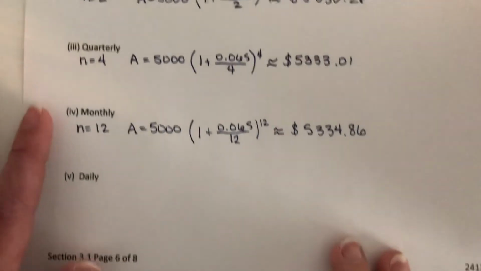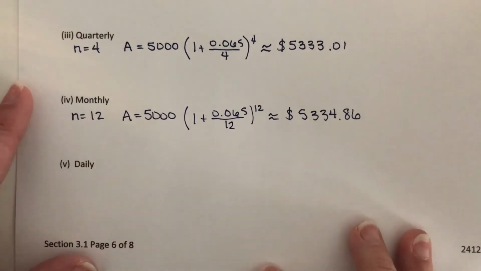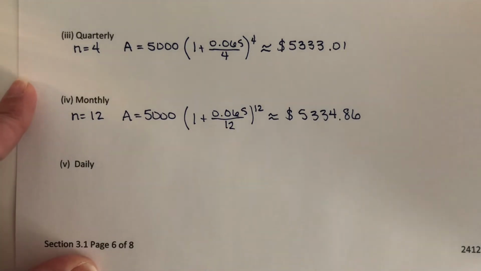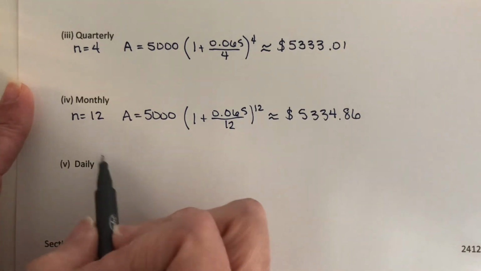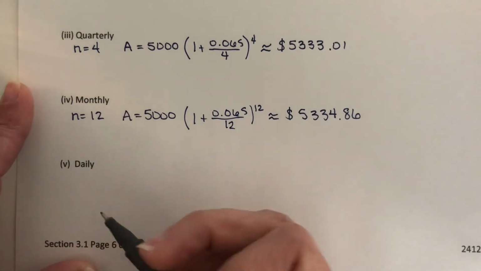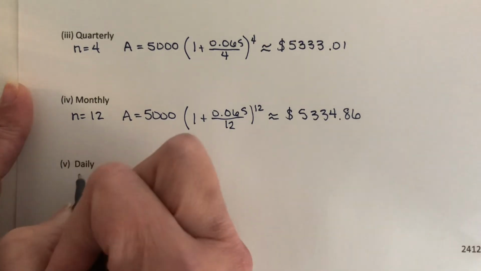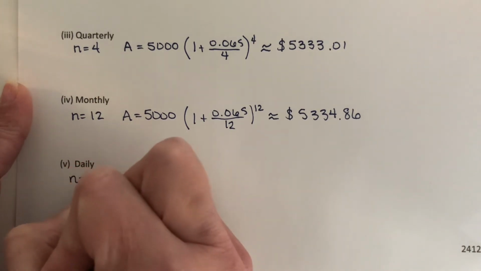And then finally, what if it's compounded daily? Now, I do want to point one thing out here. If you've encountered this before, depending on what context and what textbook you learned it from, you may have a different value for the number of days. In this class with this book, you're going to use 365.